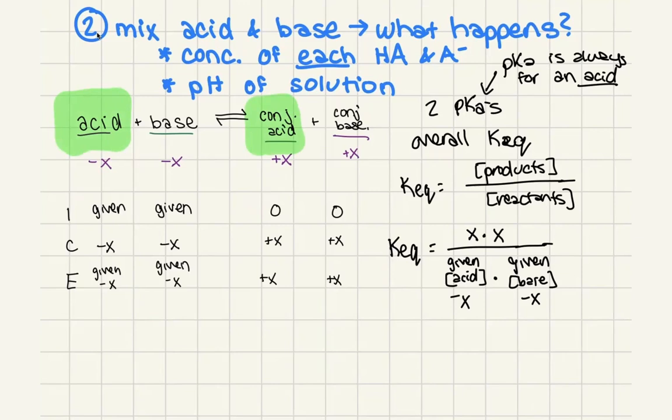Now, in order to combine them for this equation, we're going to use that shortcut that I mentioned earlier. And so you can go ahead and figure out how it mathematically works out. But it simplifies down to KEQ equals 10 to the pKa of your products minus the pKa of your reactants.